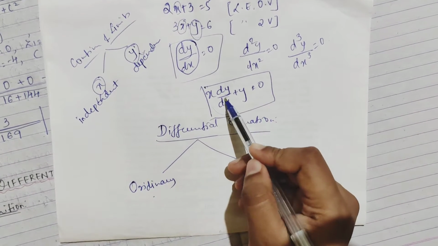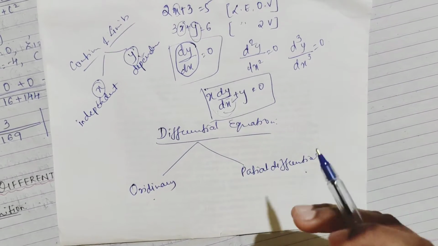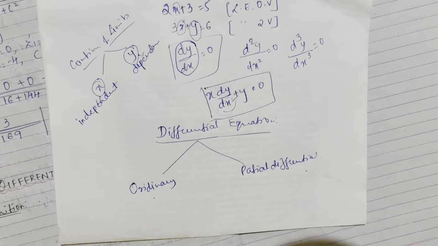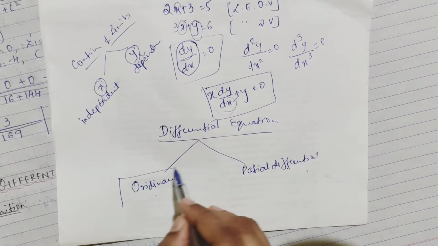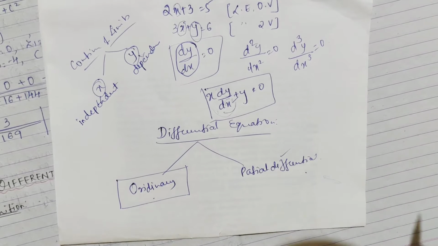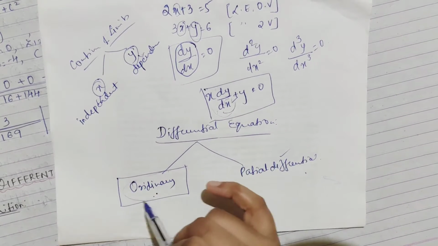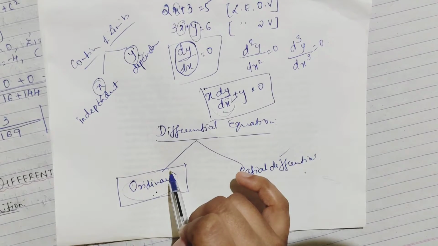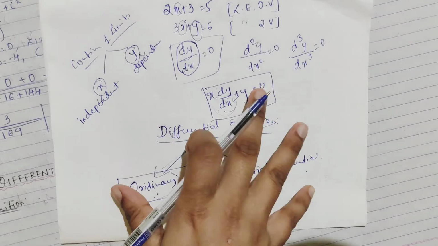Here only dy by dx with only x as your independent variable. In partial you may get z, you may get y, some other form. But for the time being we will just study ordinary. Partial is for your higher classes. So we are going to study ordinary differential equation.